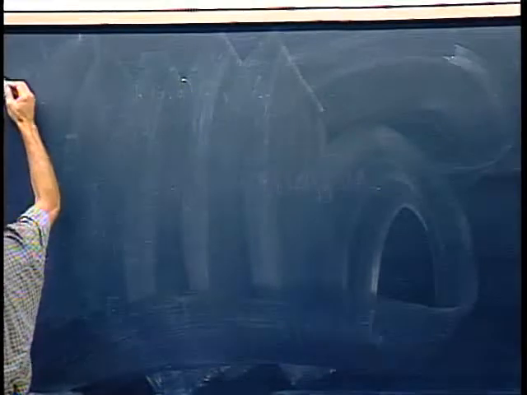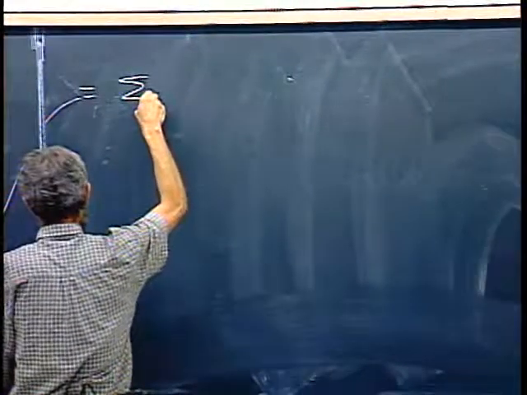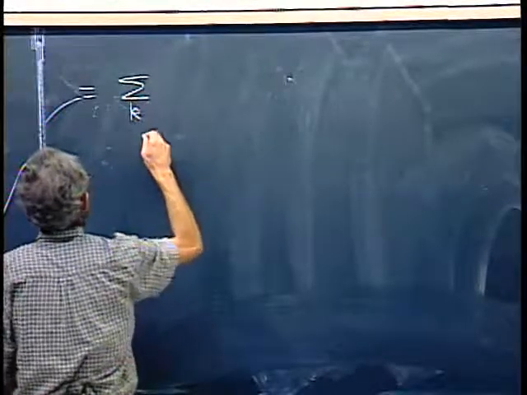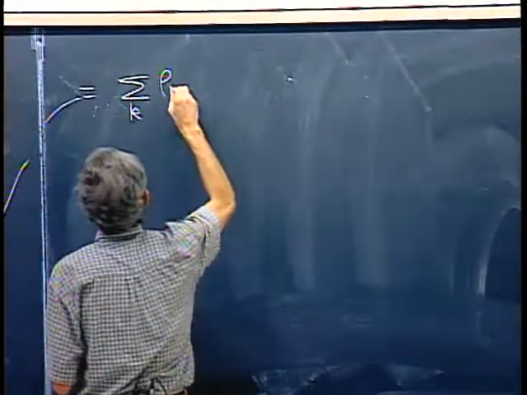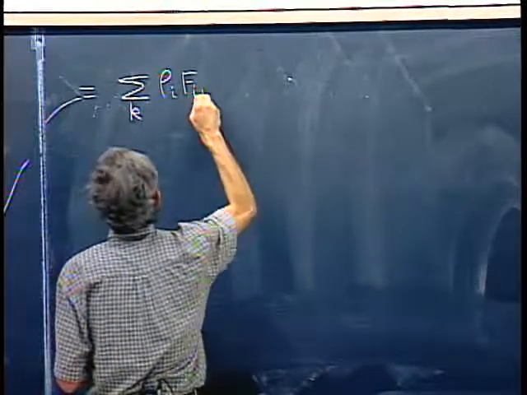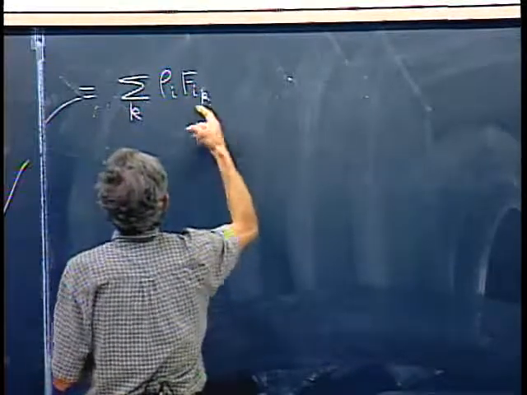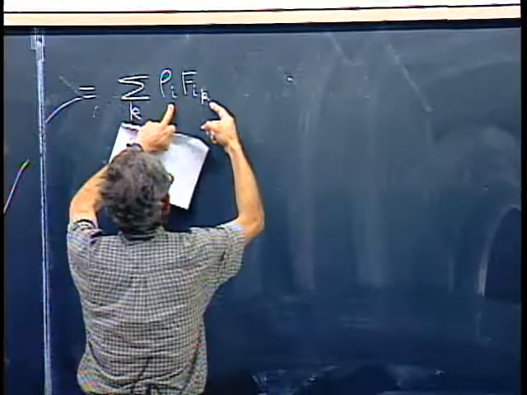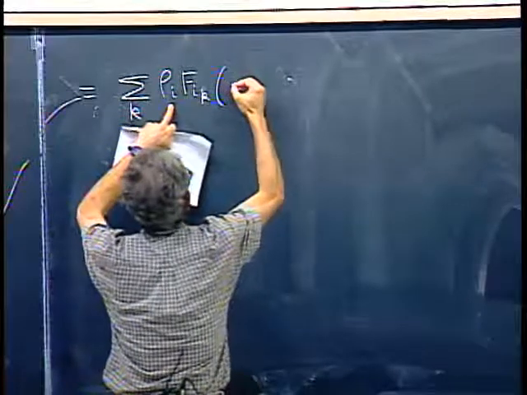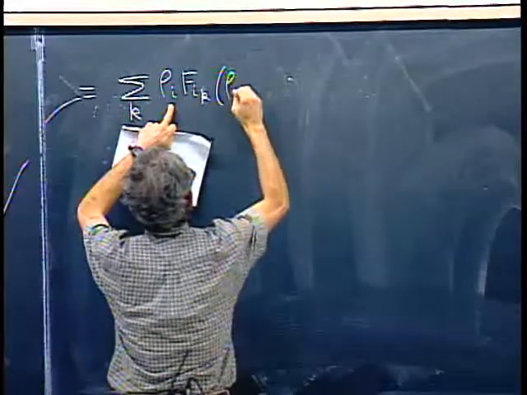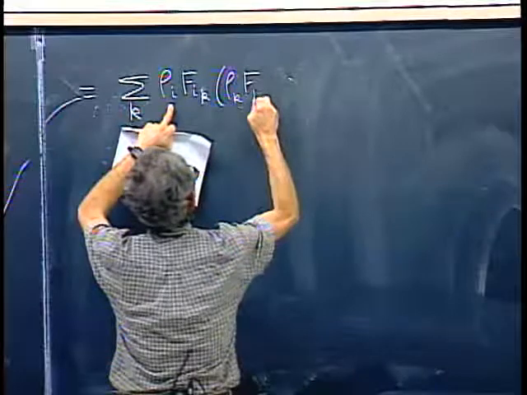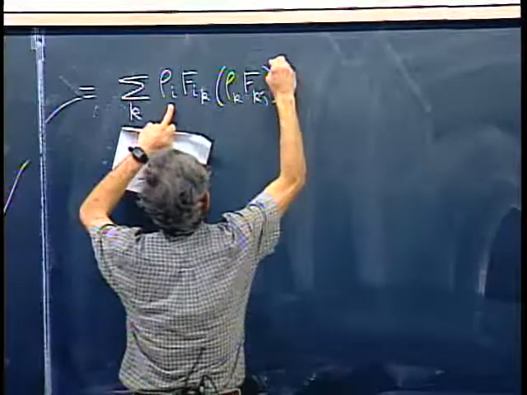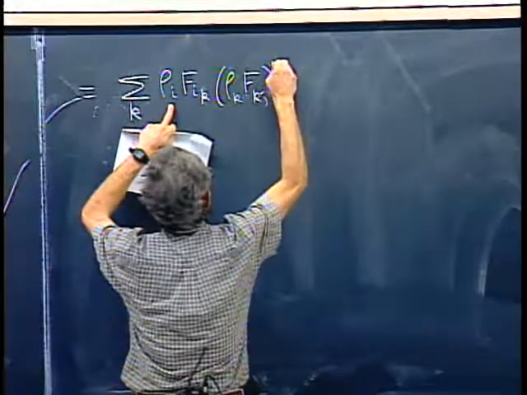This equals, just the matrix multiplication rule, the sum over k of rho i Fik, the ik element across the ith row of the left-hand thing we're multiplying, times the kj element of the other thing we're multiplying.